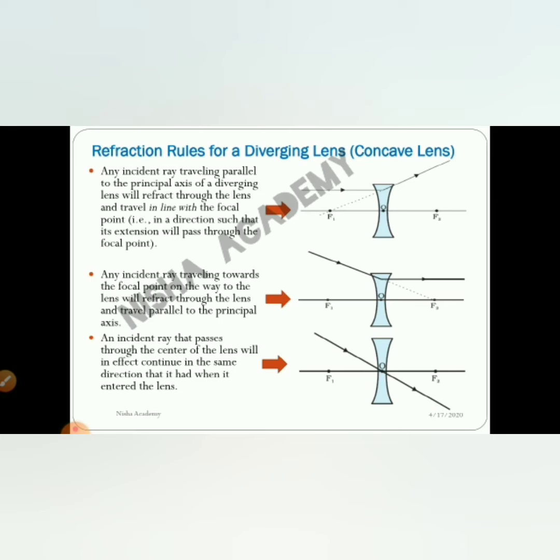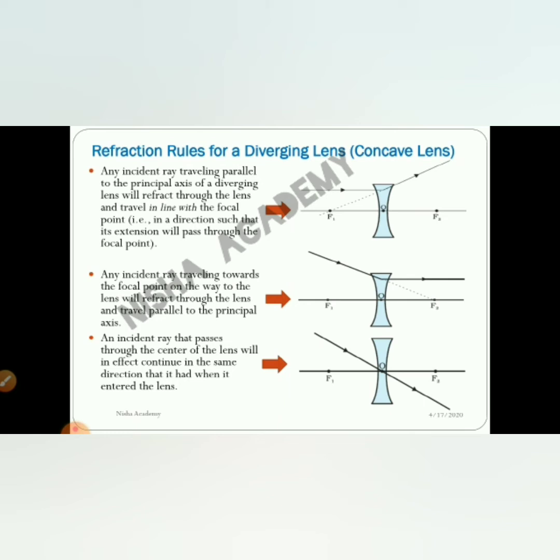But if we backtrack that, in the dotted line you can see that the ray is passing through the focal point f1. Yes, it is. So the direction is such that its extension will pass through the focal point f1. Now take the second figure.